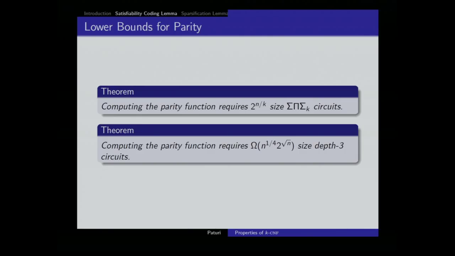What we show is that when there's no restriction on the bottom fan-in, depth 3 circuits must take fourth root of n times 2 to the square root n size. This is basically up to a constant factor; even the constant factor is off by only 2 or 4. So this is the lower bound for computing parity, which meets the upper bound within a small factor.